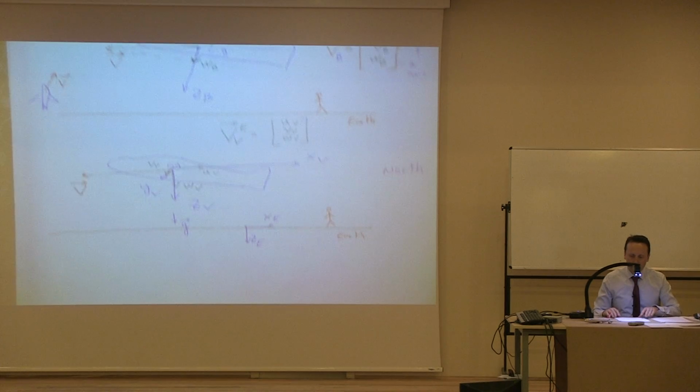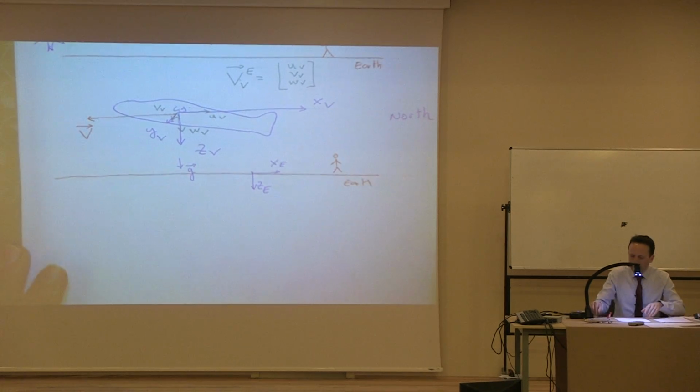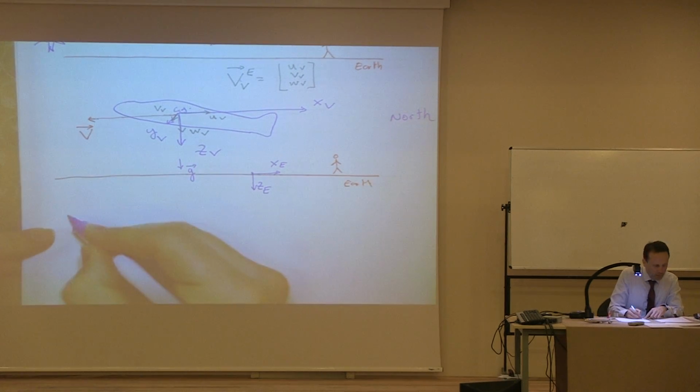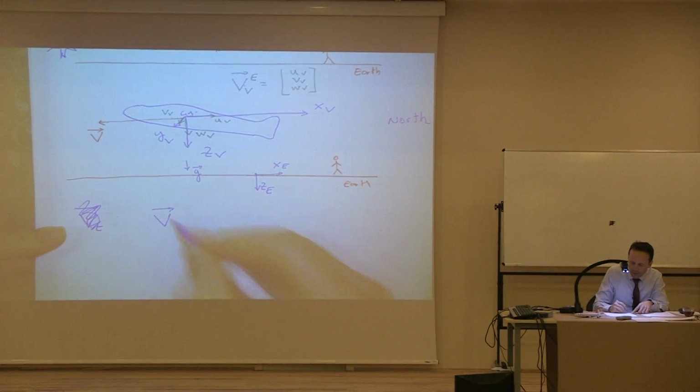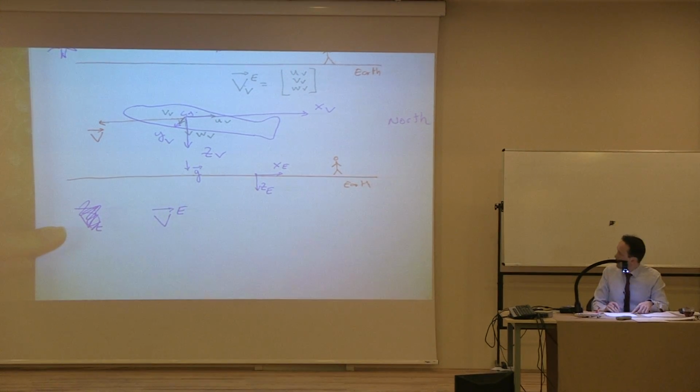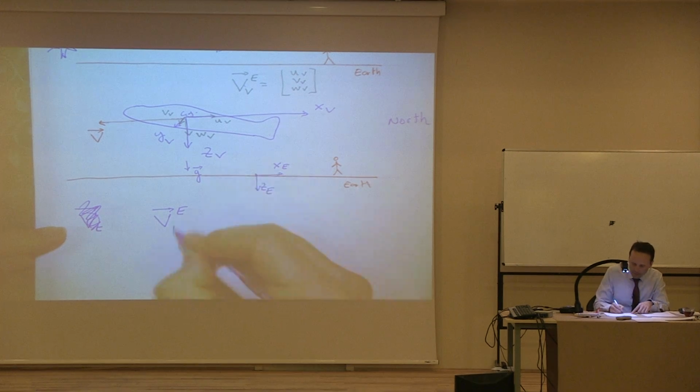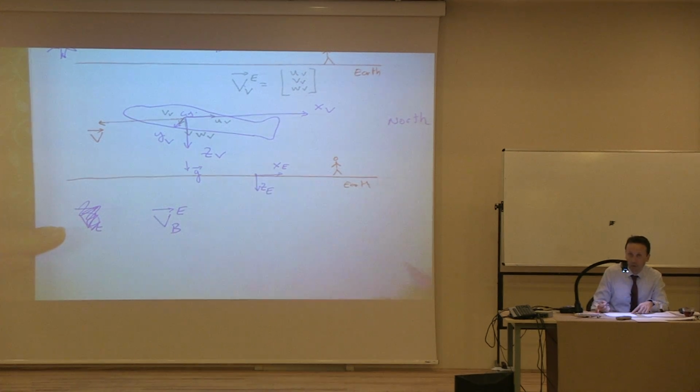Okay. So, I basically tell you here that V Earth, the velocity vector looking from Earth, written in the body fixed coordinate system, this is the velocity, right? It is the same velocity as the other one, right? The velocity looking from Earth, but written in the vehicle carried coordinate system.